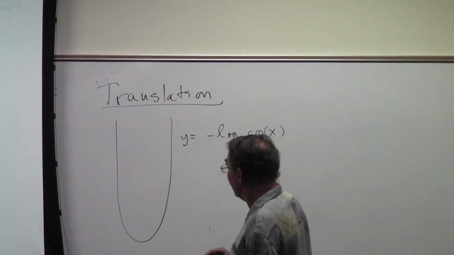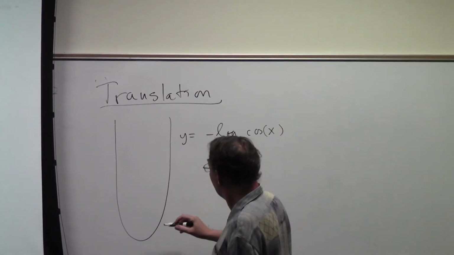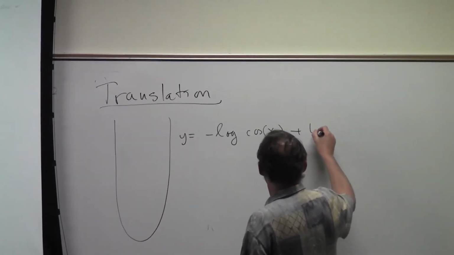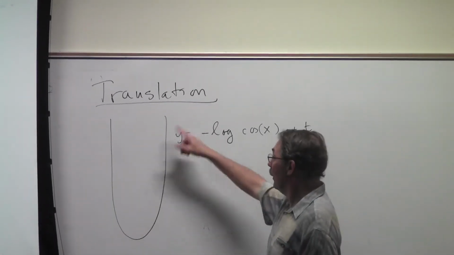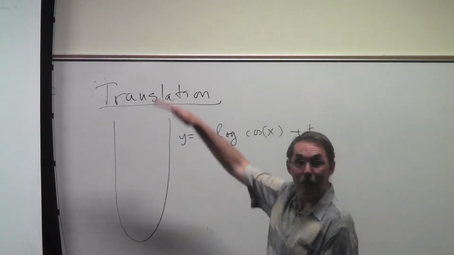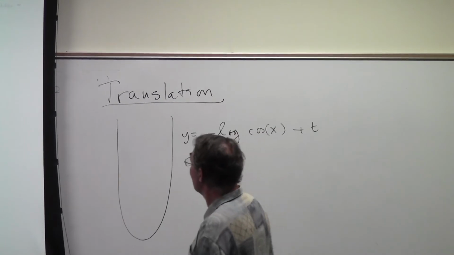Actually, if I put plus t here, now it's a function of two variables. So what does this thing do? It's this shape, and as time varies, it just translates upwards with a constant velocity.